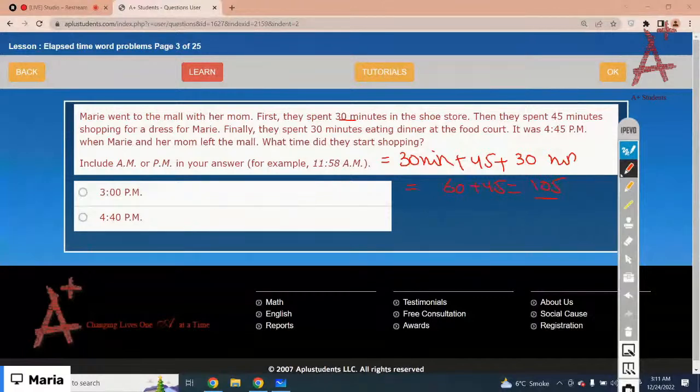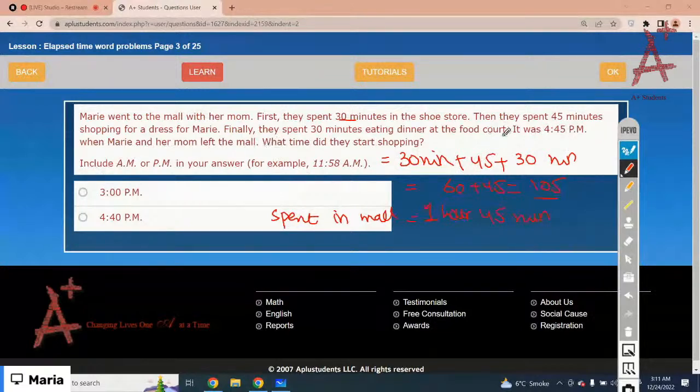Got it? It would be 1 hour 45 minutes. So that is the total time they spent in the mall: 1 hour 45 minutes.